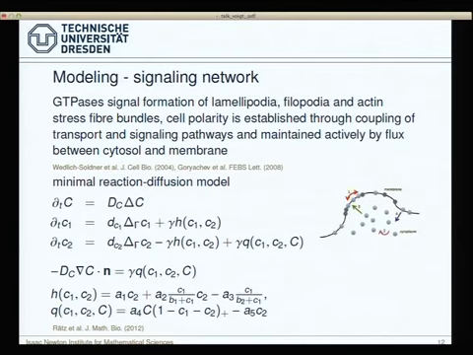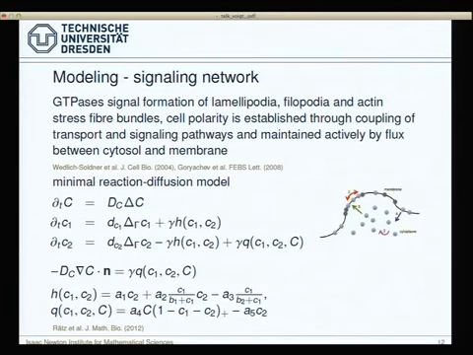But if one really couples this to some spatial distribution, one finds out that indeed the cell polarity can be established through a coupling of the transport and the signaling pathways, and the polarity can also be maintained by a flux between the cytosol and the membrane. And so one can write down quite complicated signaling networks. However, I here restrict to a minimal reaction diffusion system, which gives me this polarity. And the ingredients I need are, well, some concentration C, which is a GTPase complex, which lives in the cytosol.